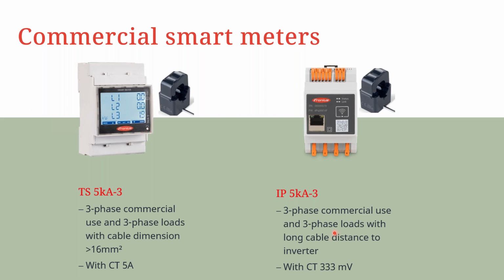But with the Fronius Smart Meter IP, if you have long distances or a very complex compound where there is no straight line where you can do your cable layout, then the Smart Meter IP becomes very helpful. This also requires CTs with a secondary voltage of 333 millivolts.